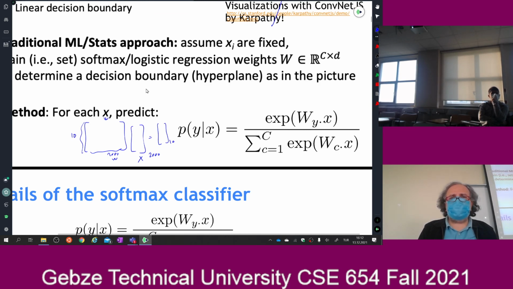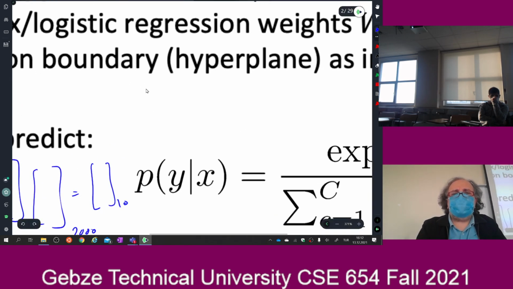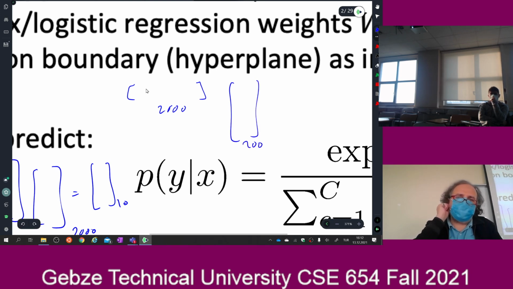So let's remember this multiplication thing. If I have a 2000 dimensional vector and another 2000 dimensional vector, and I multiply these two, what would I get? I would get a simple scalar, right? Just a number alpha.